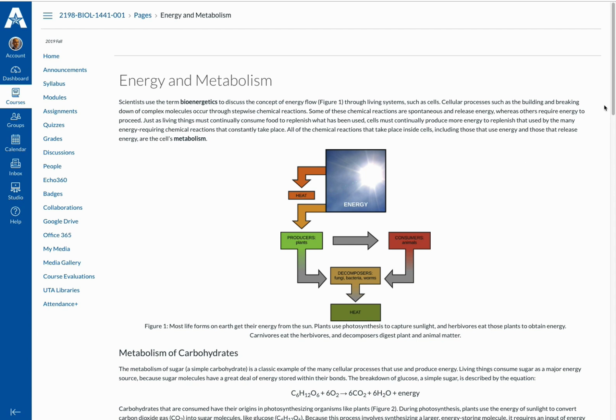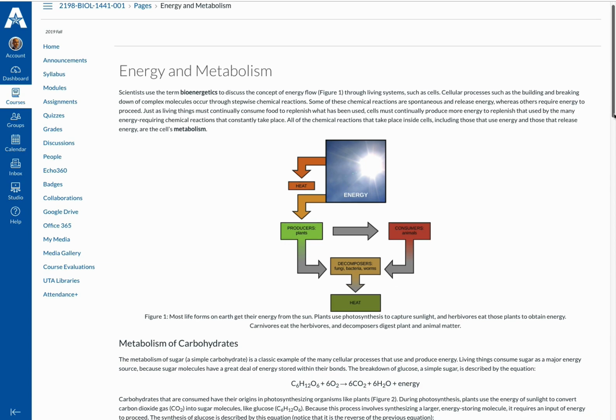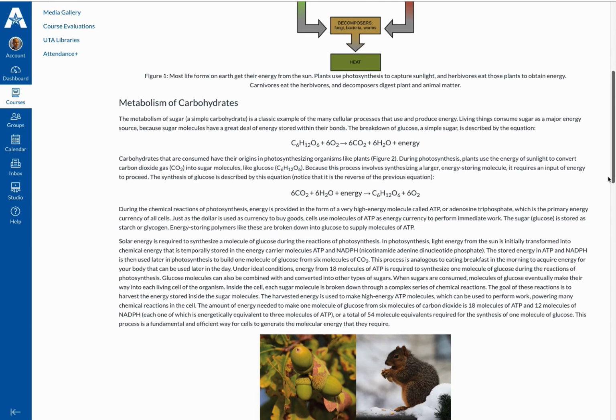Okay, so metabolism just refers to the chemical processes that cells use to take in energy and release that energy. The processes that we're really focusing on is the breakdown of carbohydrates and glucose being that primary carbohydrate.